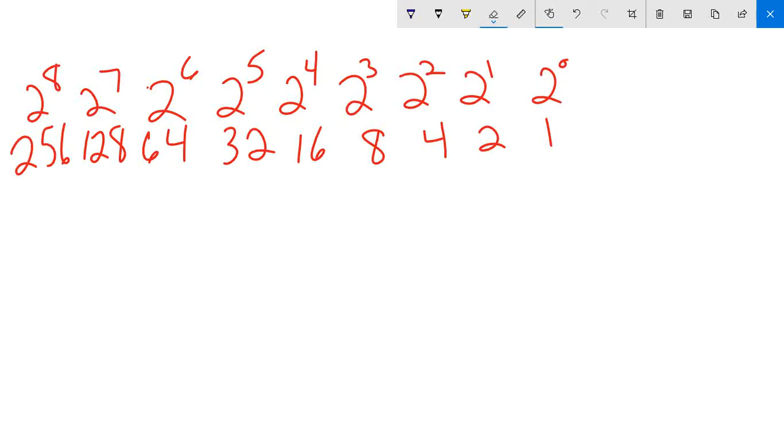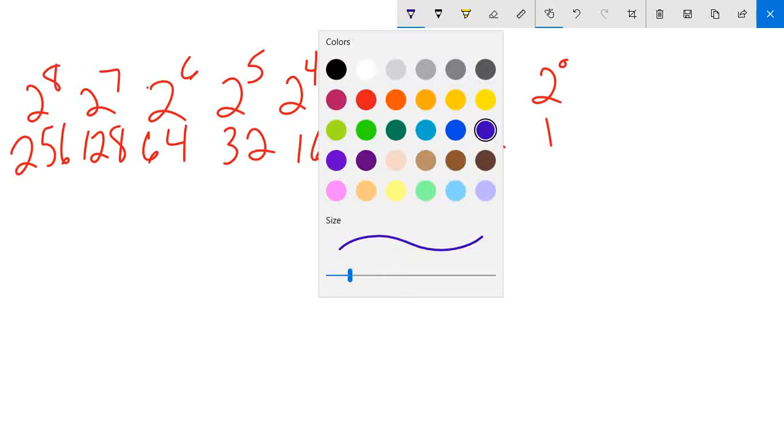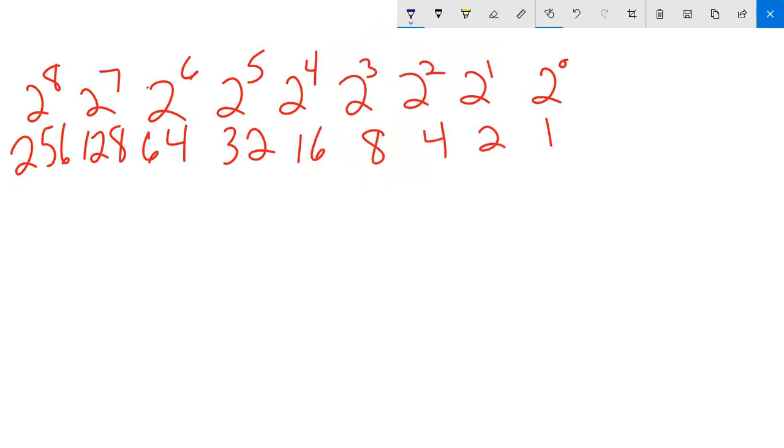The next problem, and I'm still on blue. Yep, still on blue. Good. And so the next problem is they want 9 in base 10. So I have 9 in base 10, and they want that in base 2.